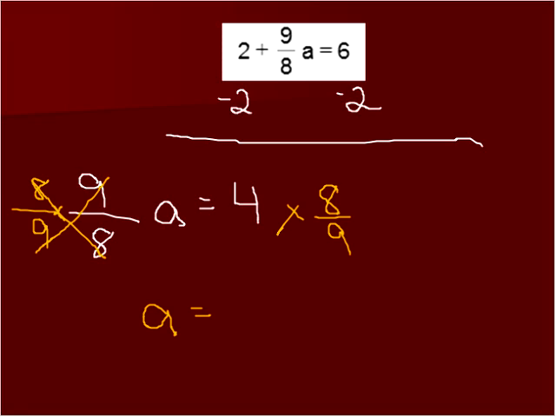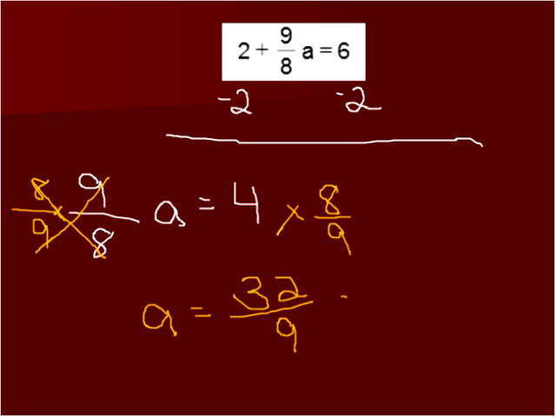Okay, and then over here we're going to try to simplify if we can. So 4 times 8 is 32. 1 times 9 is 9. I don't believe that we can simplify that any further.